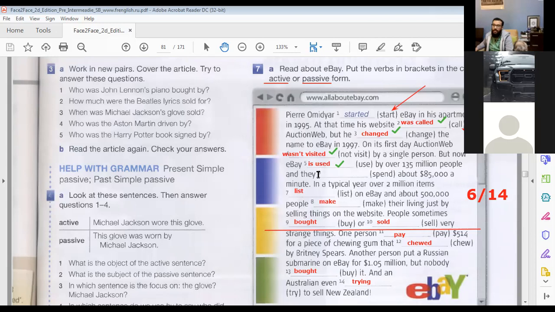They spend, without I. Spend ولا spent? With D. Okay. Yeah, present simple. They spend.